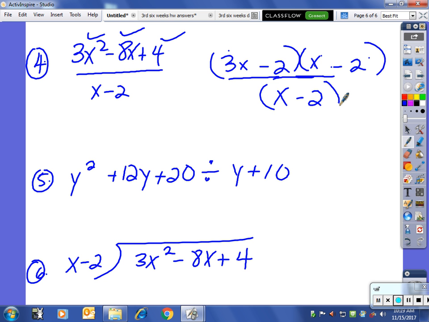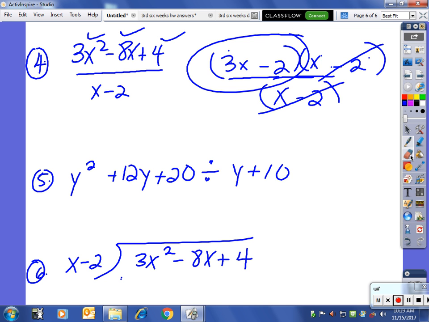Is it the same question? Oh, sorry. Let me give you a hard one. Oh well. See, I told you it wasn't going to get any more difficult. So these cancel out and you have 3x minus 2. Was this the same one? Yeah. Oh, wait. No, they're the same thing.